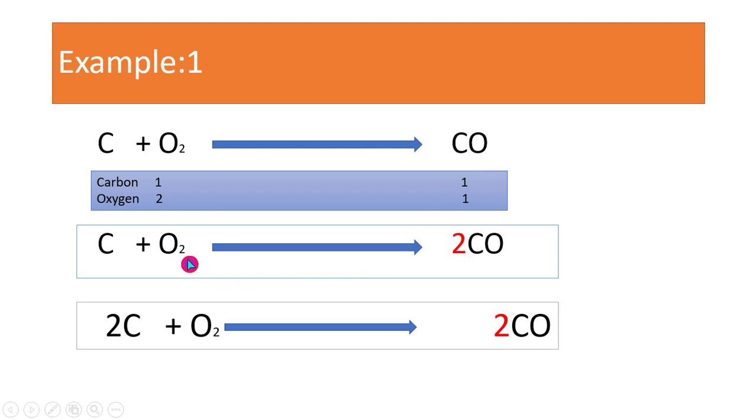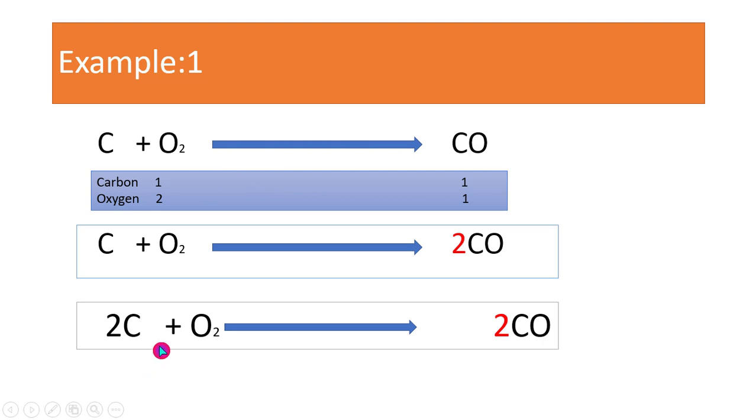We balance the number of oxygen atoms by using the coefficient 2. Now, when we use this coefficient 2, the number of oxygen atoms becomes equal. So, at the end, we again recheck the equation.